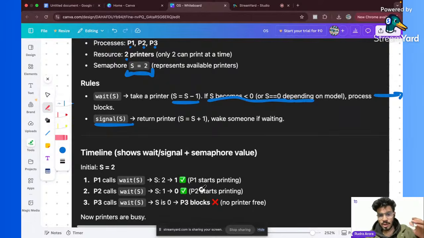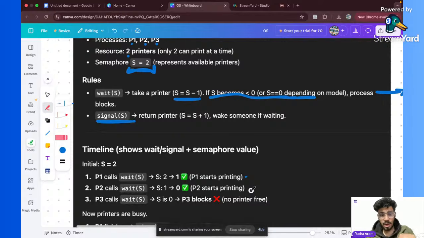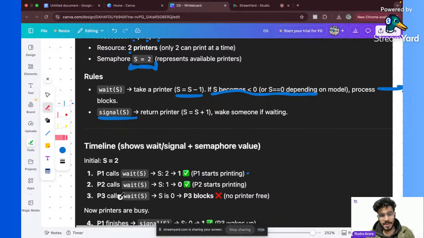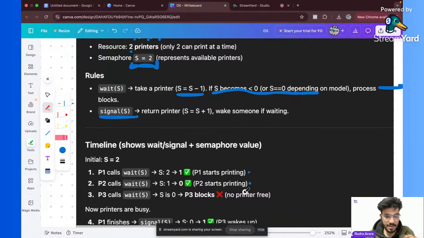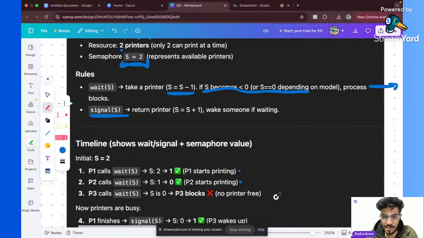I already asked you what the value will be, and you all answered correctly that it would become 1. Without calling signal, I'll call P2. P2 calls wait, and from 1 it will become 0. After that, when P3 tries to call wait, it will see that the value is 0, meaning there is no printer left, so it will be in a trapped position, or you can say in a blocked condition.